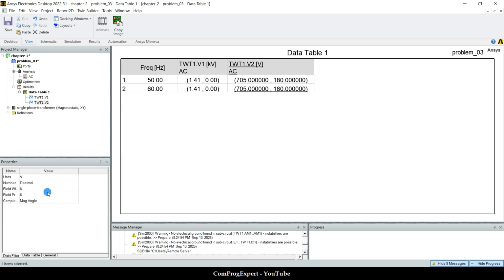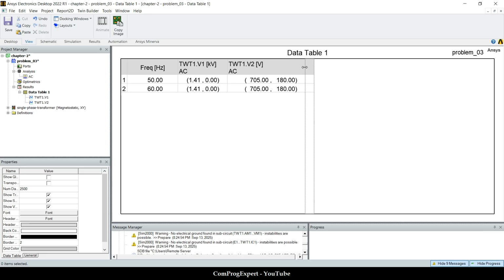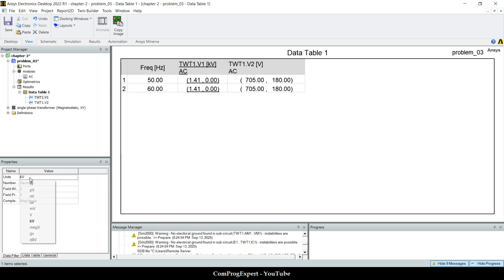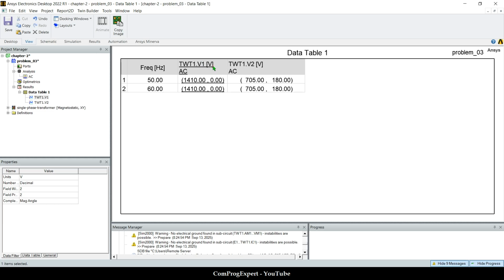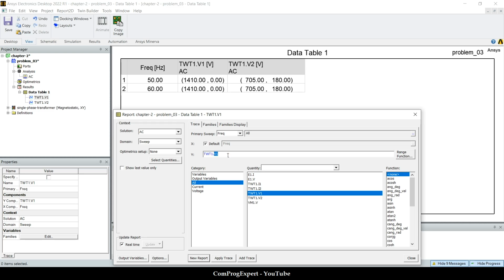Again, we don't need that precision. So this is the value of the voltage. This is in kilovolt. Consider these units. So you can change the units here. These are peak values, okay? And I can divide this by 1.41.